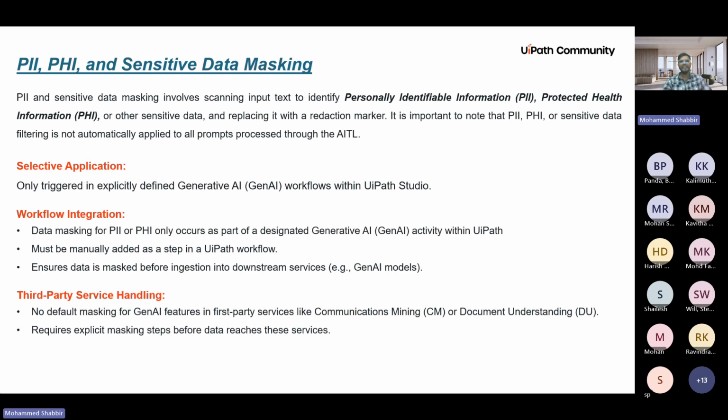So if I tell you a simple example so that you don't forget: I ask the LLM, my name is Shabir, I'm working in so and so organization, prepare me a summary so that I can introduce myself to the UiPath community. Now what I will do is mask my data.